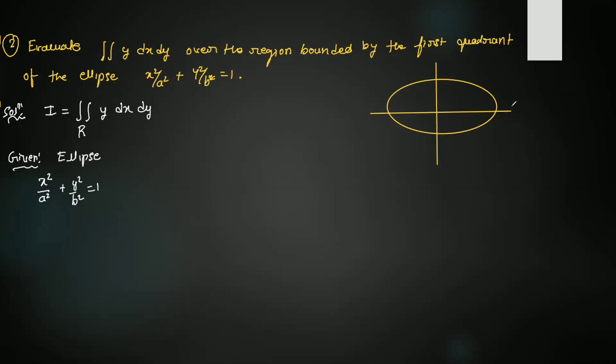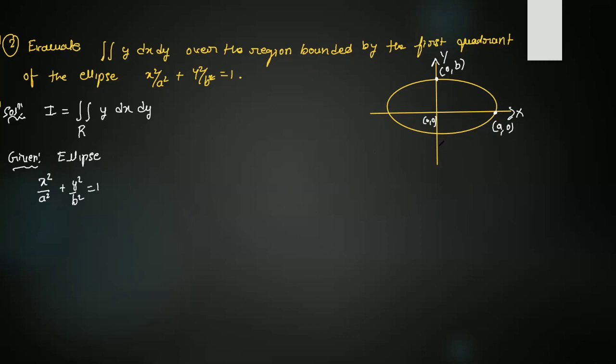Okay. What are the points? This is 0, 0. What is this point, guys? A, 0. And this point? 0, b. How can we identify these points? Because the equation is x square by a square plus y square by b square, so on the x-axis it is a, 0, and on the y-axis it is 0, b.